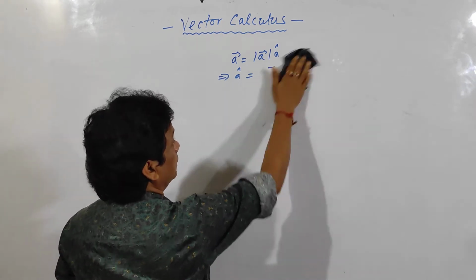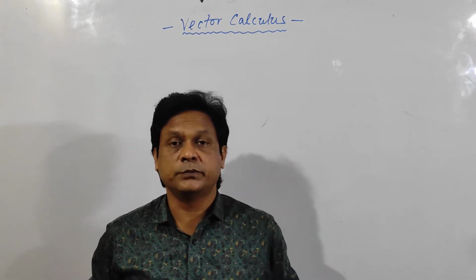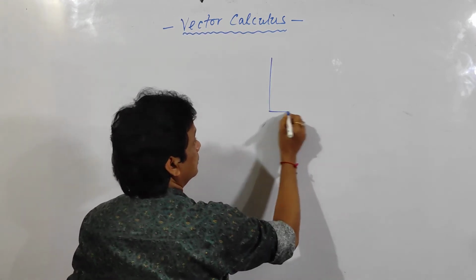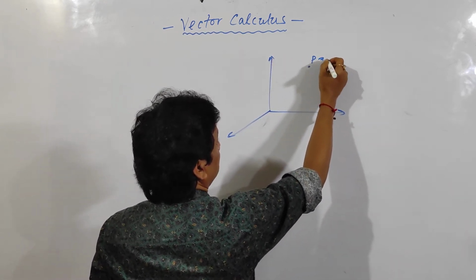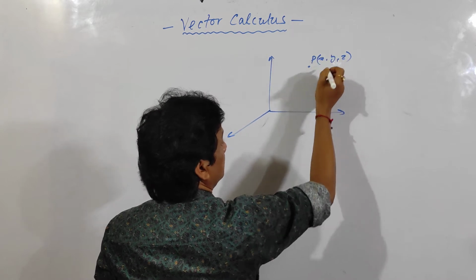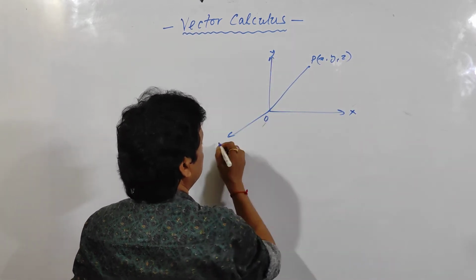Now come to the point, position vector. What do you know about the position vector of a point? See here, P is any point whose coordinates are x, y, z, and this is the origin, with x axis, y axis, z axis.